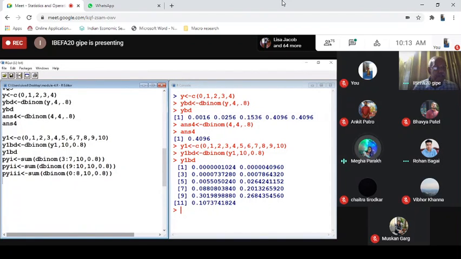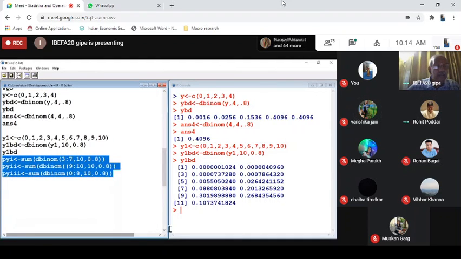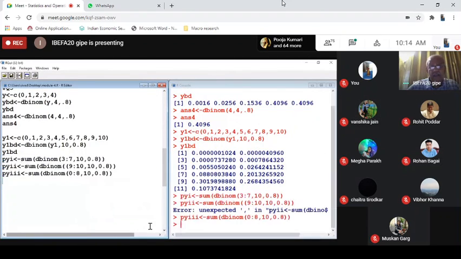I think there's a syntax error in the second one. So there's an extra bracket. Sorry, let us verify.